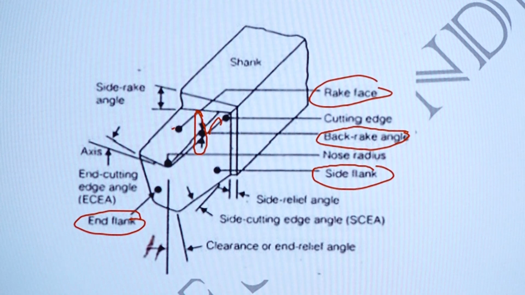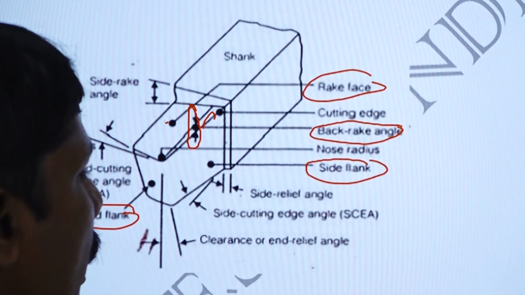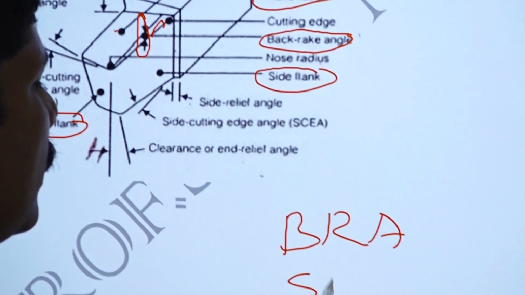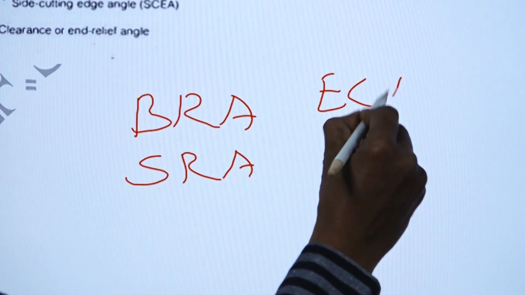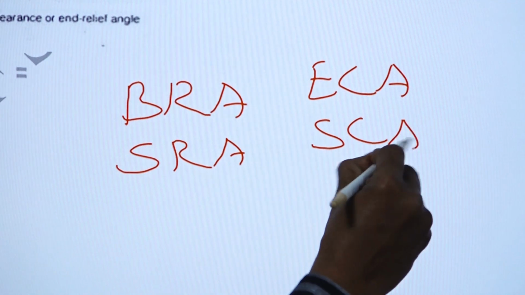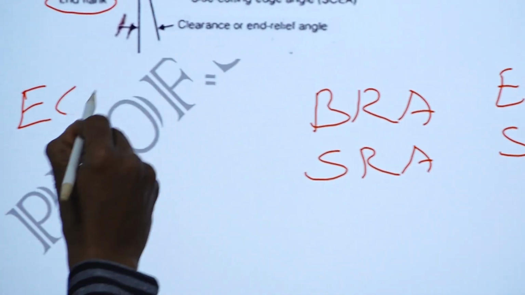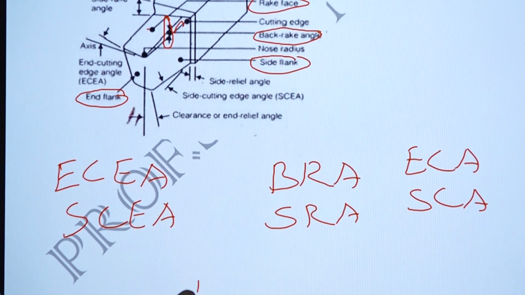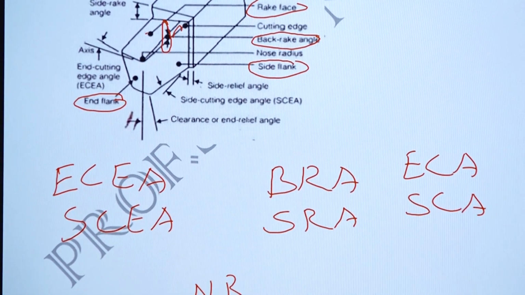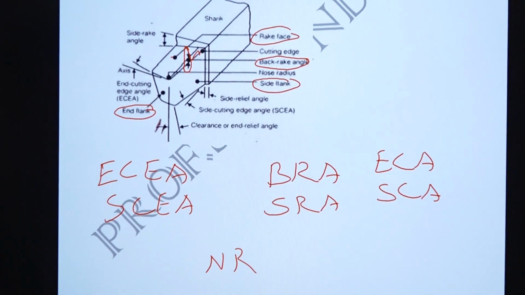So we have back rake angle, side rake angle, end clearance angle, side clearance angle, end cutting edge angle, side cutting edge angle, and nose radius. These are 7 terms which are significant in the nomenclature.